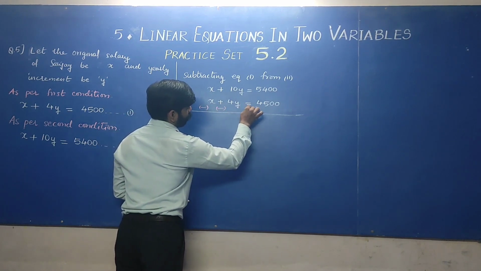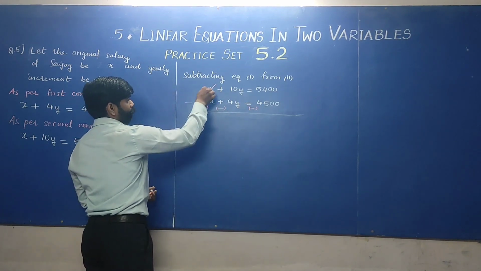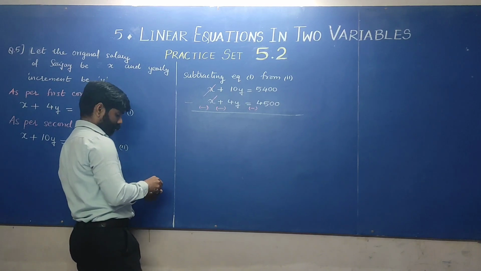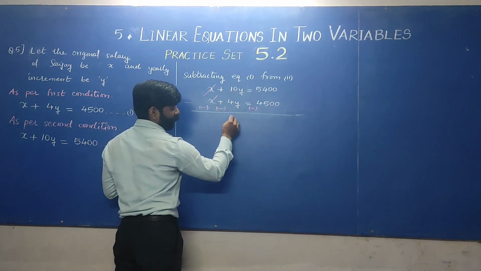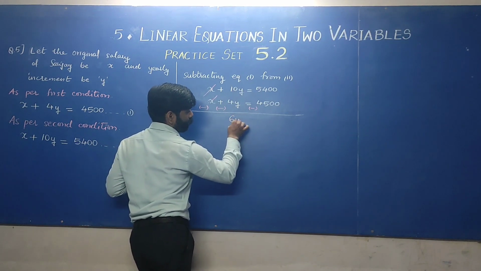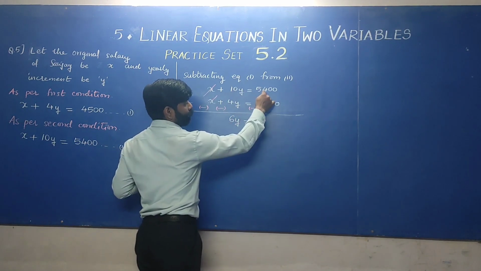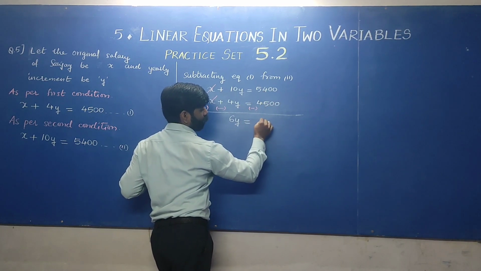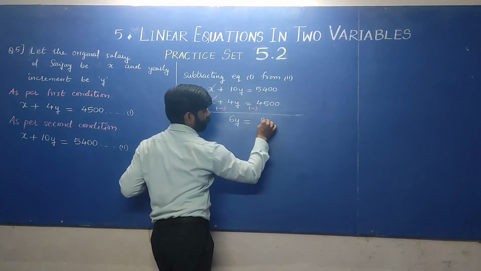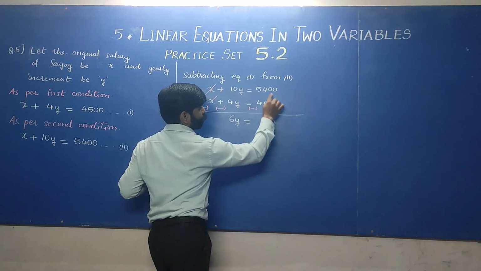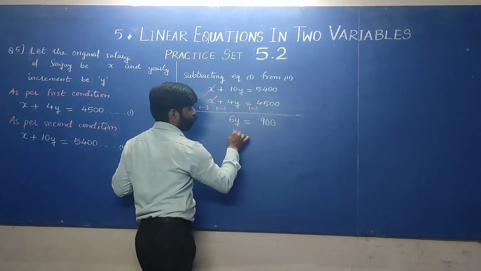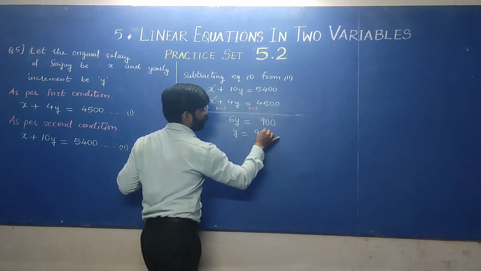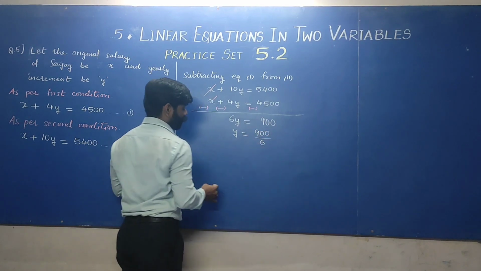So, plus minus is minus. 10y minus 4y is 6y. 54 minus 45 is 9, and 2 zeros. Okay, students, as we got this, y is equal to 900 divided by 6.